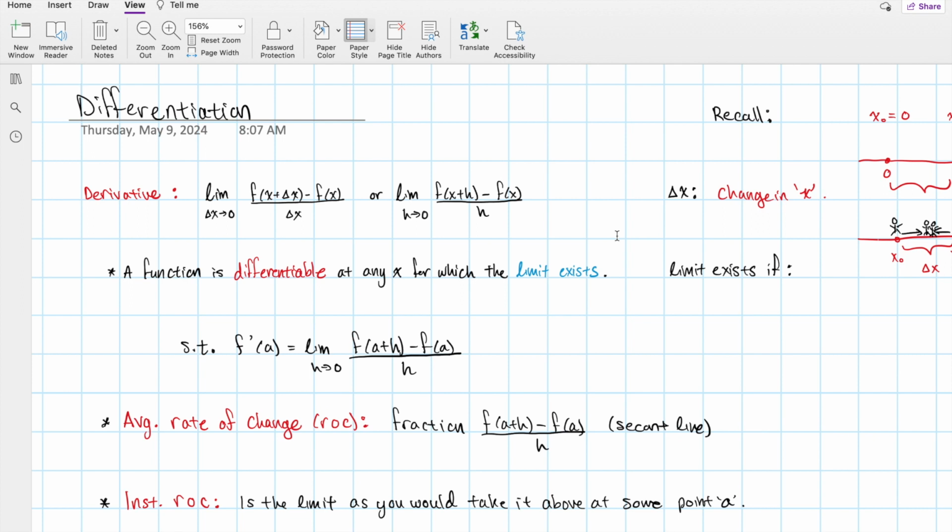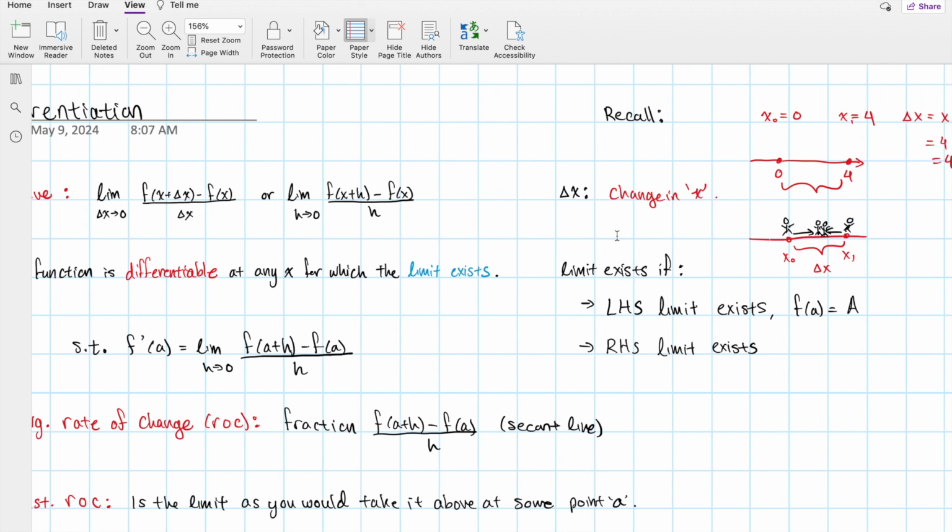Let's remind ourselves that the limit exists if and only if the left-hand side limit exists, such that, let's say, f at a is equal to some value a; the right-hand side limit exists, f at b is equal to some value b, again using the limit definition that we just did above; and finally, the left-hand side equals the right-hand side.